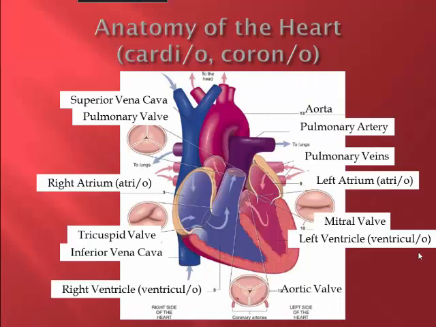So looking at the heart, cardio and coronal are the combining forms for the heart. Blood comes from the top part of your body to the superior vena cava, and from the bottom part of your body through the inferior vena cava, and brings the deoxygenated blood back to the right atrium, or atrio is the combining form.